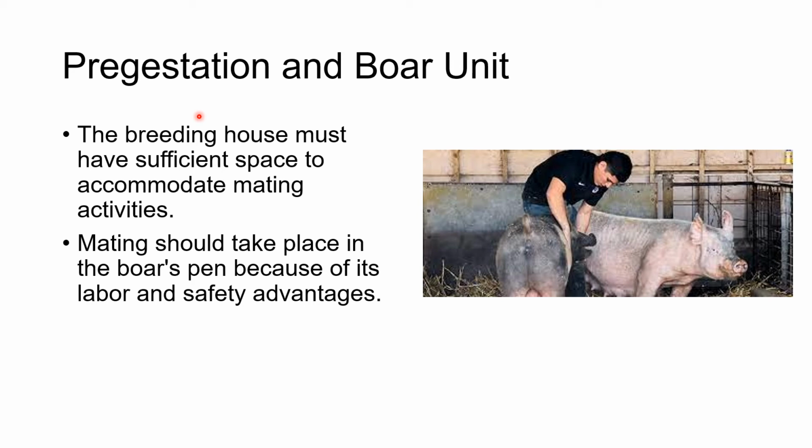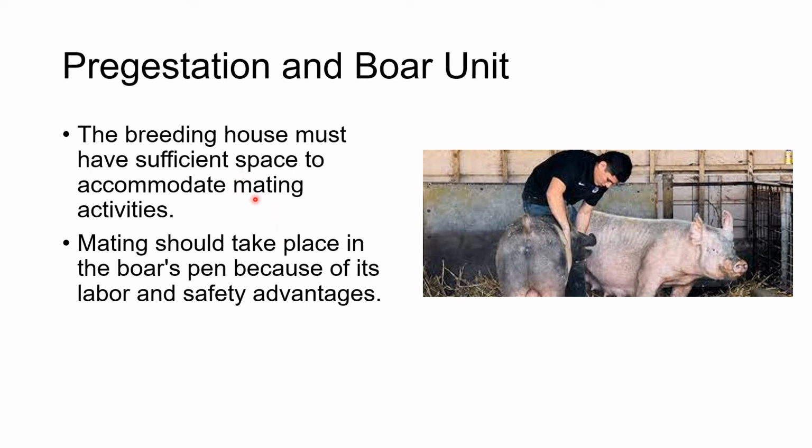So the breeding house must have sufficient space to accommodate mating activities. So kailangan in pre-gestation and boar unit, as the name implies, pre-gestation, wala pang nabubuong embryo doon sa sow. And then, kailangan na yung space requirement nila in this unit malawak to accommodate yung breeding nitong sow and boar.